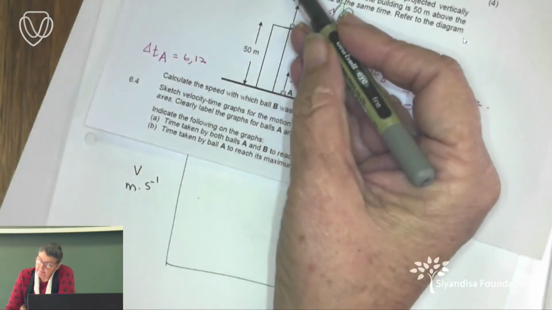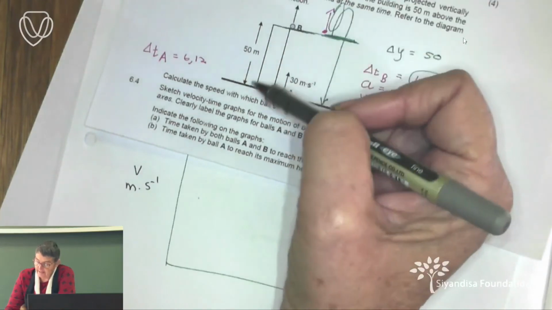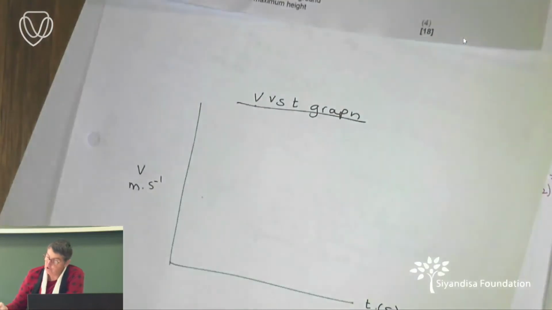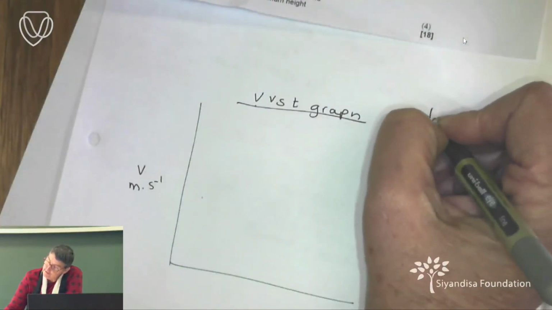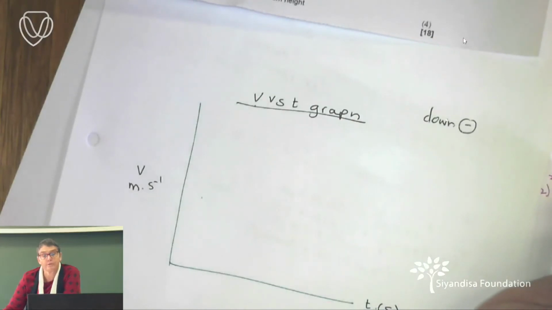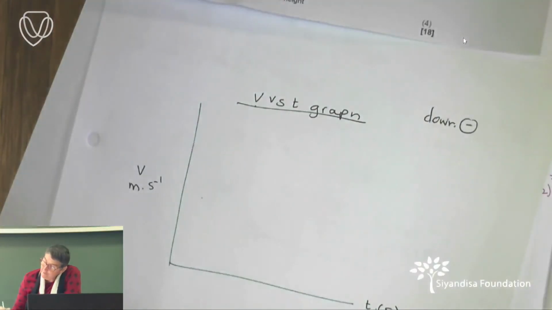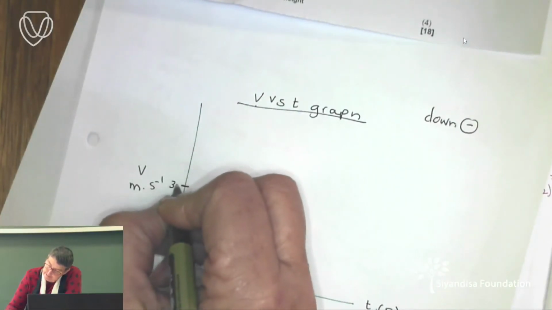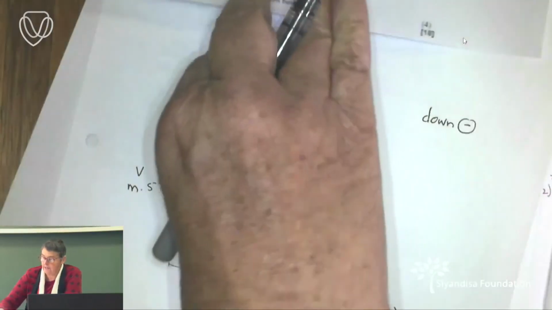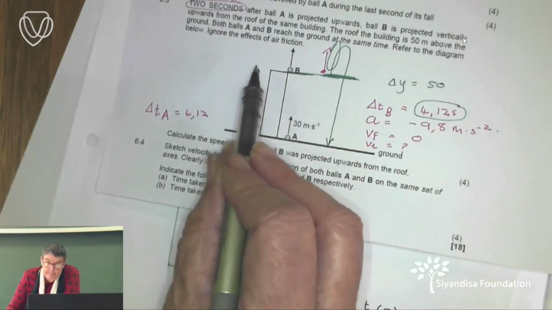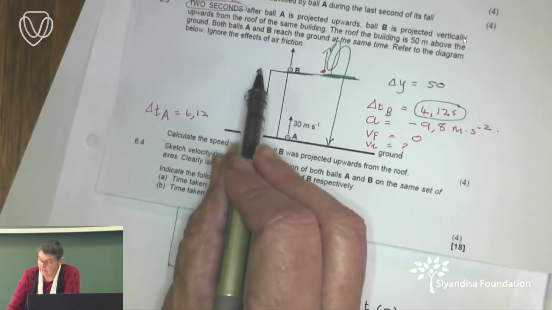It went up, it stopped, and it came down at 30. We've already established that we used down as negative or up as positive. Which means when it went up, it had a positive velocity of 30 meters per second, because look there, it left at 30. Then it went up, and what happened at the highest point?